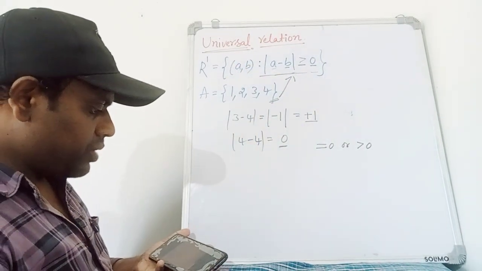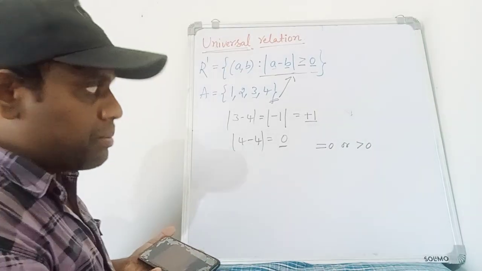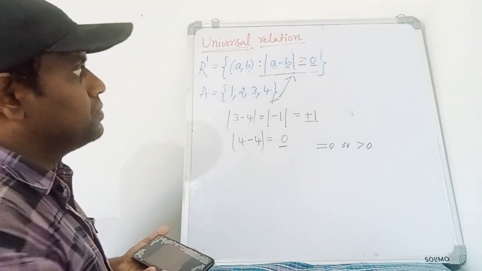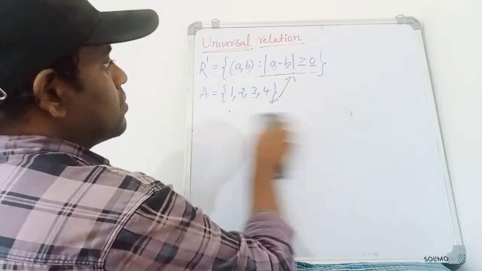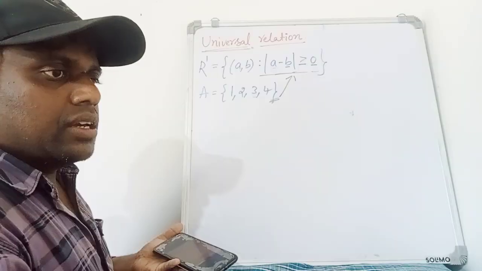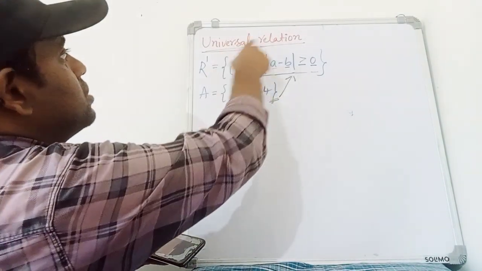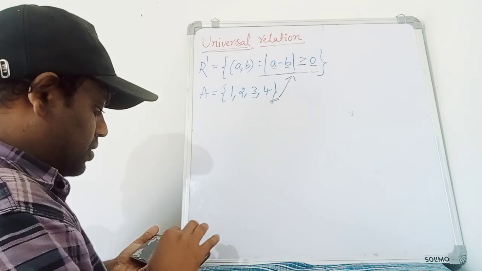Now we have to write the mathematical definition. Whatever I have explained, the same thing we have to write in a systematic way as the definition of universal relation.